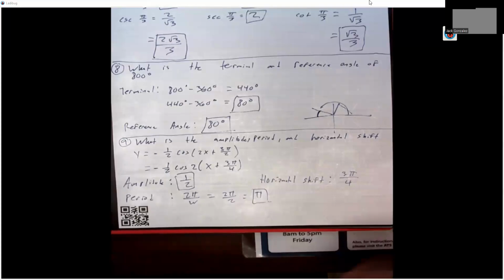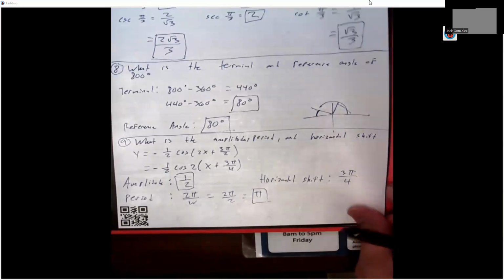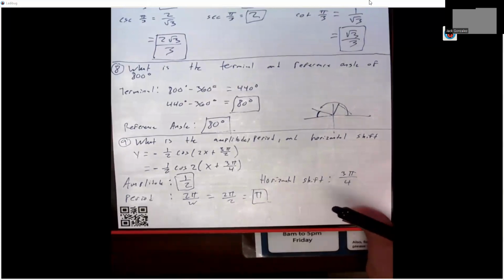Any questions on 9? All right, one last one. That's all we have time for. Number 10 is just arctan of square root 3.